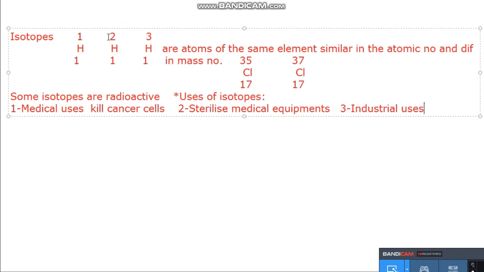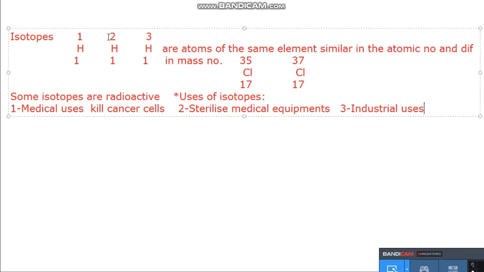When I tell you to give a reason, give reasons. Isotopes have different mass numbers. Why? Ahmed, where are you? Isotopes have different mass numbers.